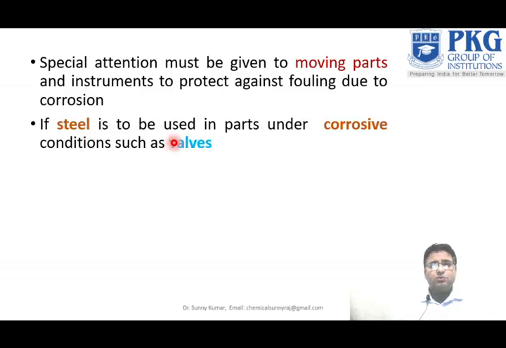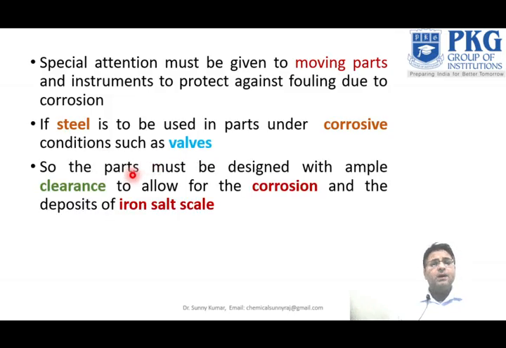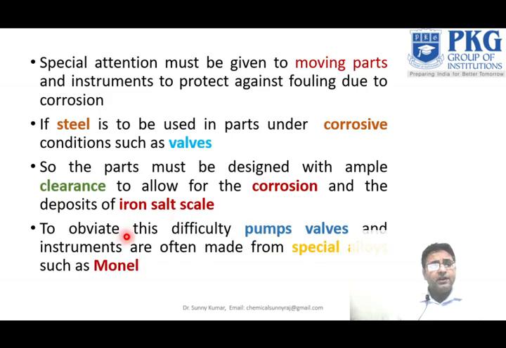So if steel is to be used in a part under corrosive conditions such as a valve, the part must be designed with ample clearance to allow for the corrosion and the deposits of iron salt scales. To avoid this difficulty, the pumps, valves and instruments are often made from special alloys such as Monel, which is a mixture of 2 to 3 metals, nickel and copper based, with some impurities or some percentage of iron, manganese also. So these are very important things.